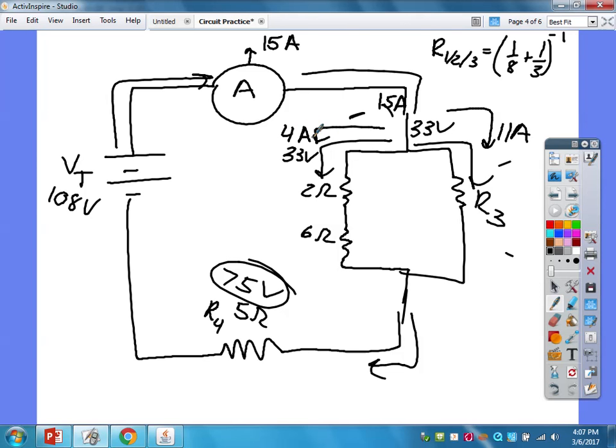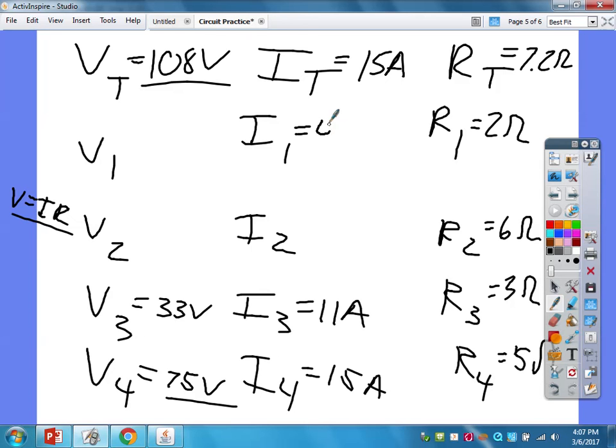And what do we do in series? Both objects receive the same current. So now I know I1 is 4 amps, I2 is 4 amps. I1 and I2 are both 4 amps. Then if I multiply 4 times 2, V1 is taking 8 volts, and 4 times 6, V2 is taking 24 volts.